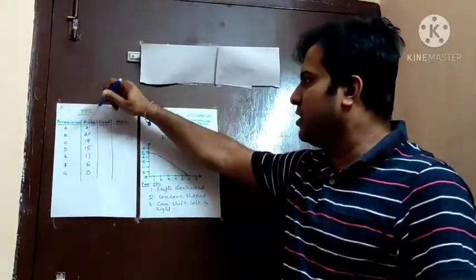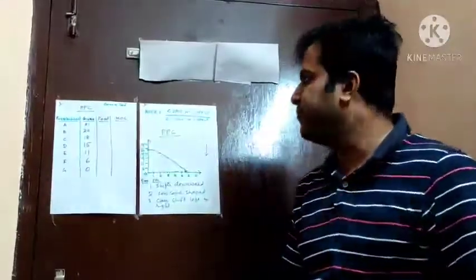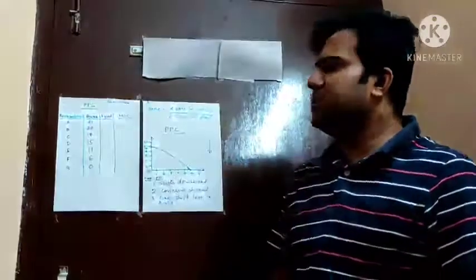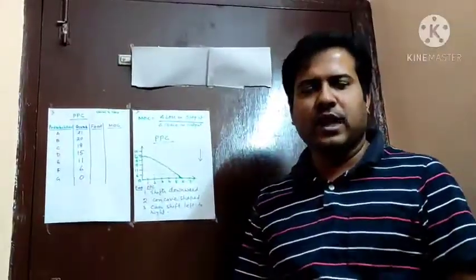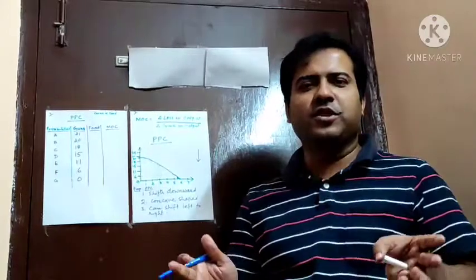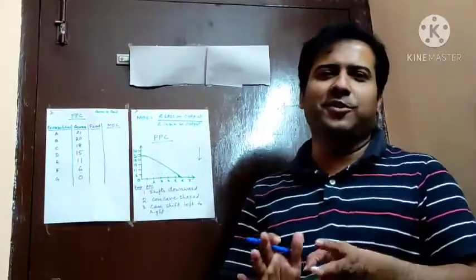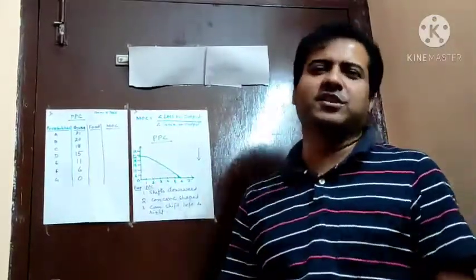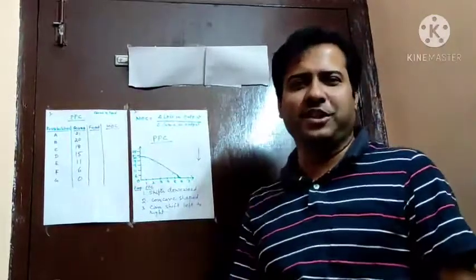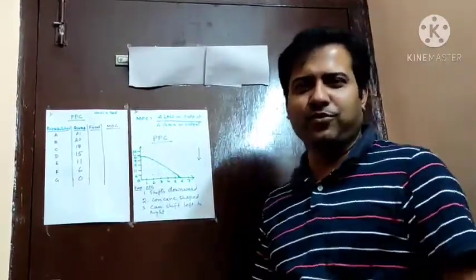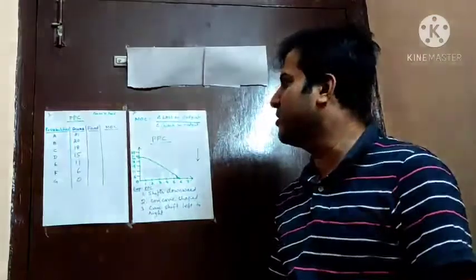One of the commodities is the gun, and another is food. You already know that gun and food are not directly related, they are inversely related because they have no relation with each other. Gun and food. One is for war, another is for satisfying hunger.